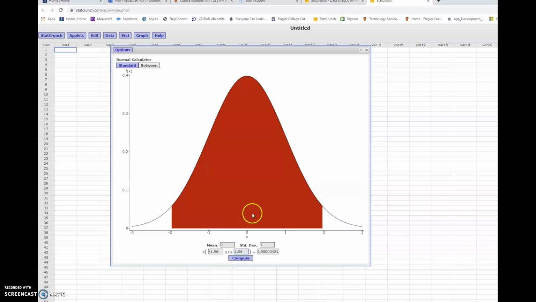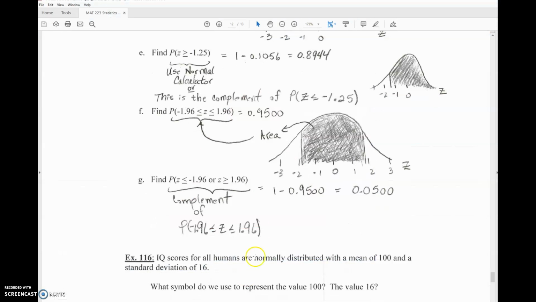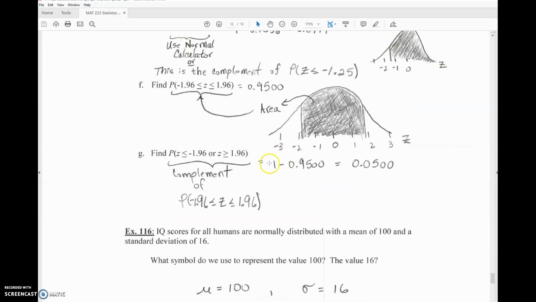So remember when we had the empirical rule and it said that within 2 standard deviations of the mean, it's really within 1.96 standard deviations of the mean, but we don't want to be that precise when we're using the empirical rule. So I'll go back to my notes, and that comes out to be the probability that z is between negative 1.96 and 1.96 is 0.9500 to 4 decimals, or 95%.